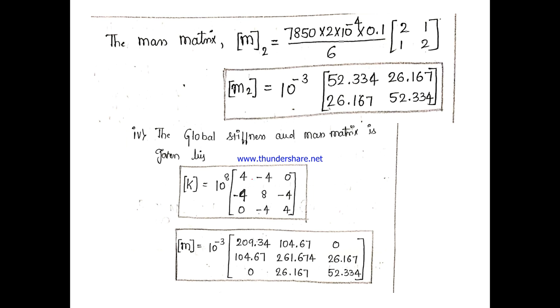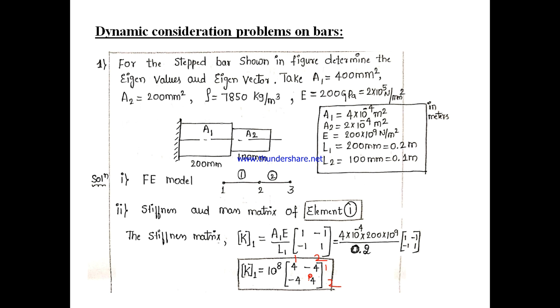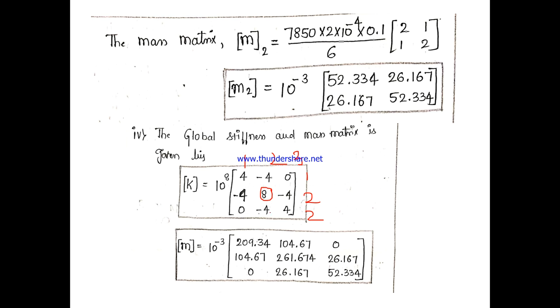So globally what I will get is 1, 2, 3, 1, 2 and 3. When I compare the 2, 2 entries, the remaining values remain as they are. Here 2, 2 is 4 and here 2, 2 is 4, so I will get 8 here. Remaining values remain the same.